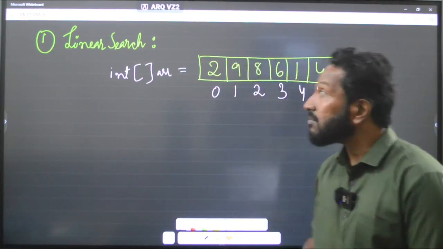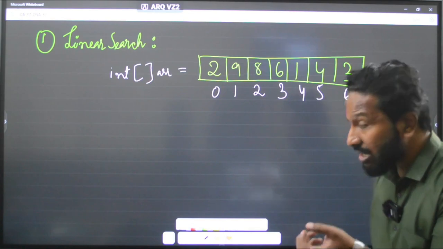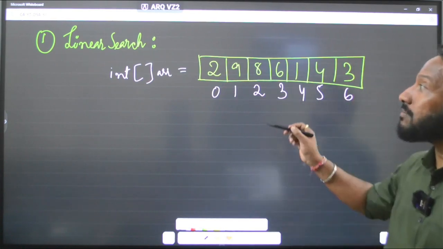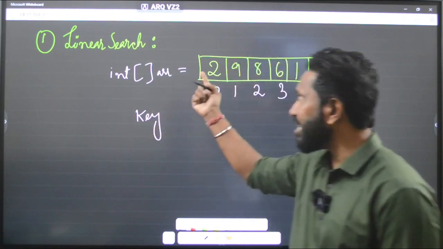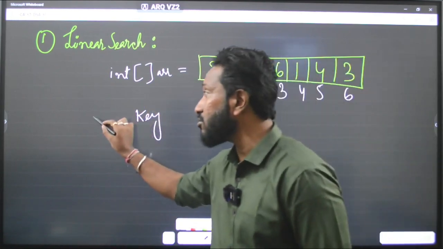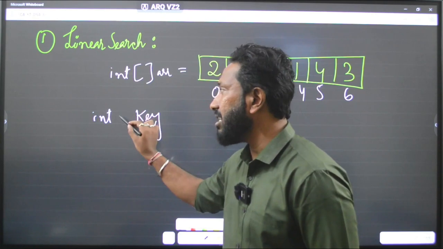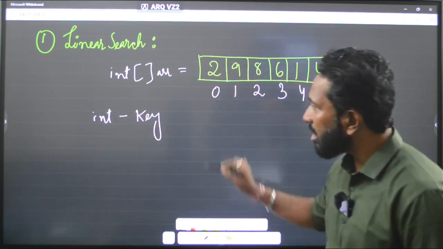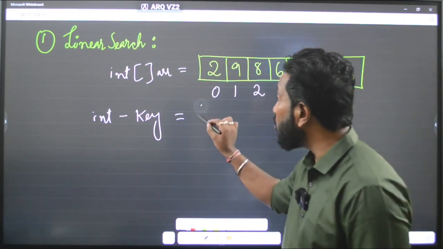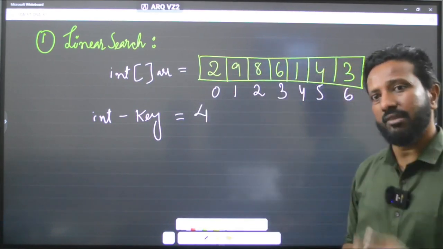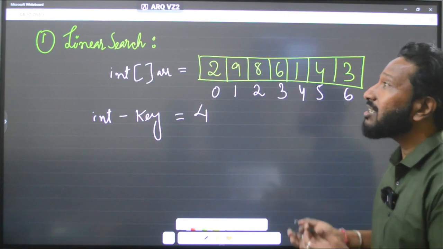Fine. Linear search says you have to find a key. Obviously, it is an integer array, so the key will also be an integer. Int key equal to, say suppose I am saying 4 for example. What does linear search say?